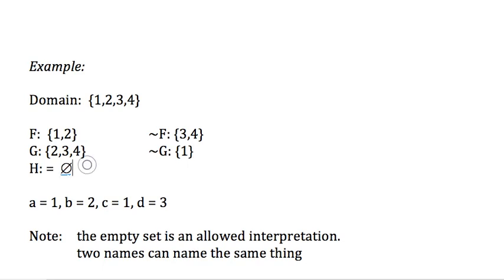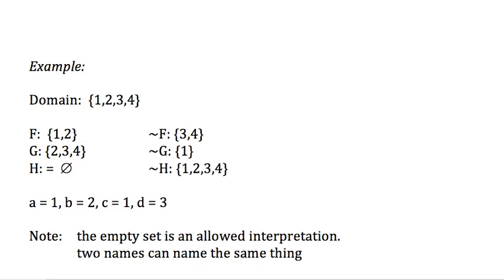And in this case, the predicate H happens to be the empty set. That's okay. For example, there are no unicorns, but unicorn is a perfectly good predicate. And there are no numbers that are both even and odd. We could have a predicate that means "is both even and odd." Well, that wouldn't apply to any members of the domain. That's okay. And in this case, not-H would apply to everything in the domain.